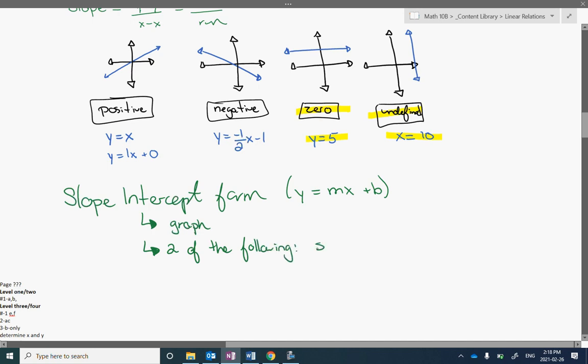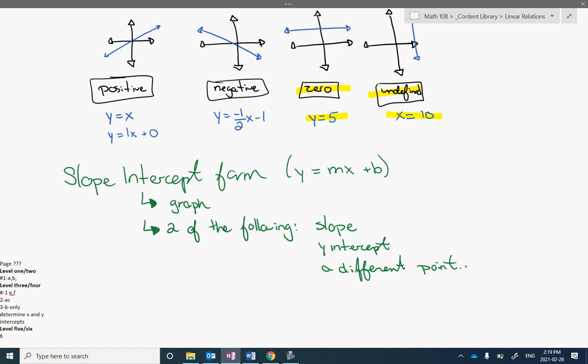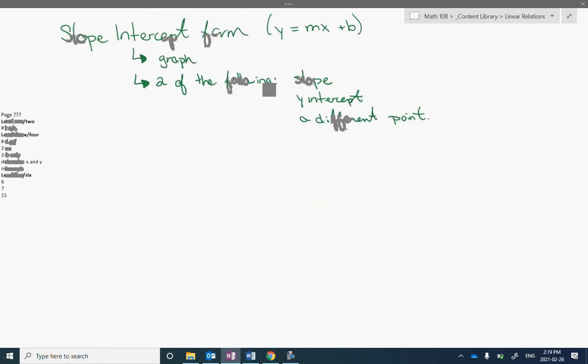So you either need slope, the y-intercept, or a different point. And then you could put it into that form. We will go into more of this stuff next week, but I just think it's really good for us to have it written out all in one spot.